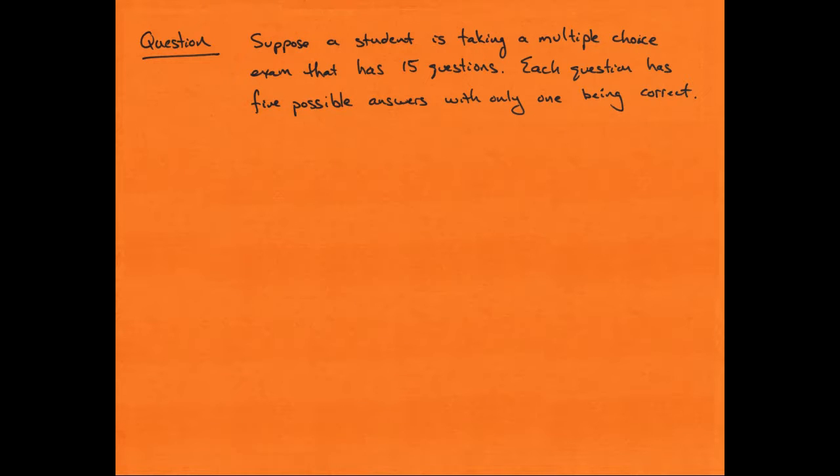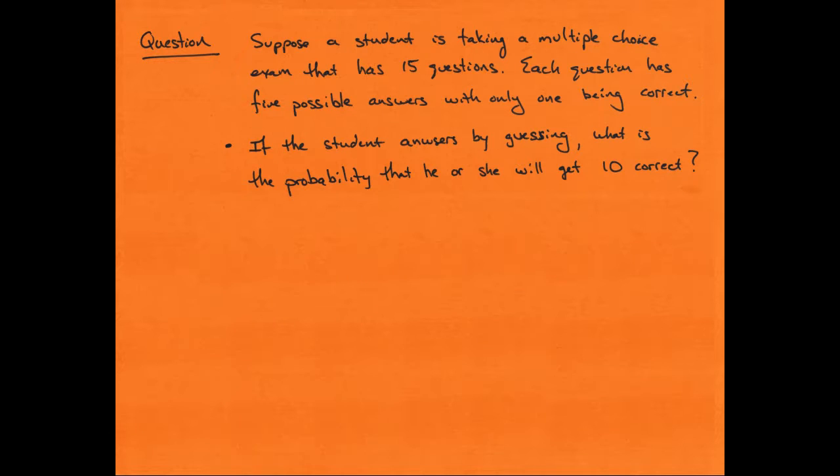Now let's look at the quintessential example of where the binomial distribution would be applied. Suppose that we have a student, and that student is taking a multiple choice exam, and that exam has 15 questions. For each question, there are 5 possible answers, and only one of those answers is correct.